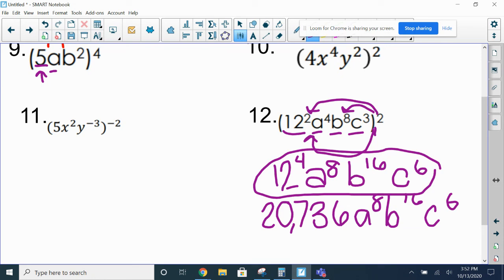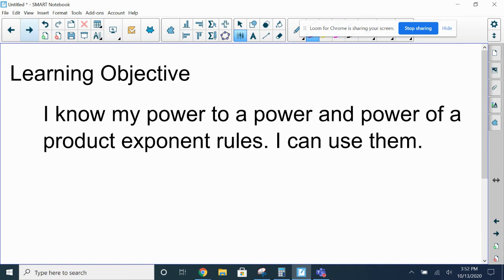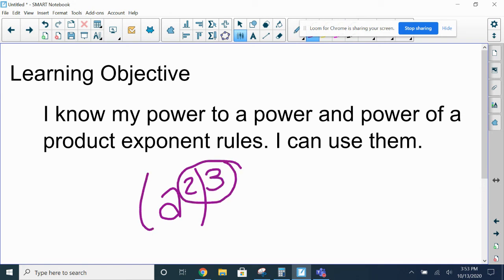All right, so today we talked about our power to a power. We know a power to a power, those side-by-side exponents, we multiply.